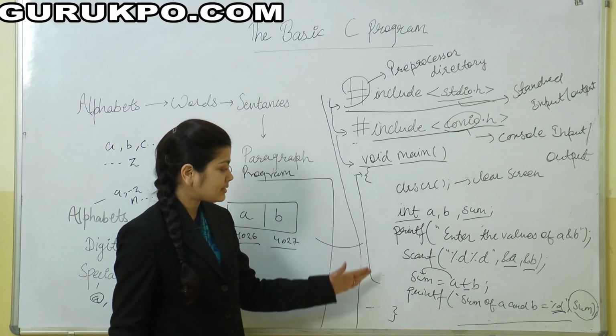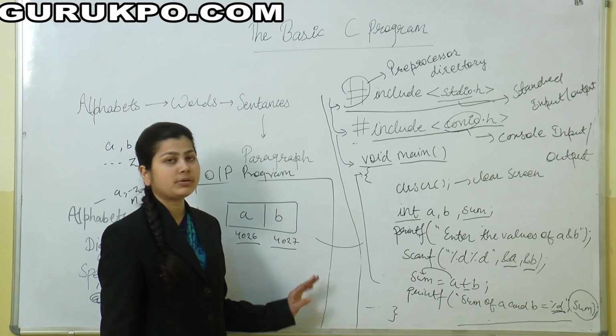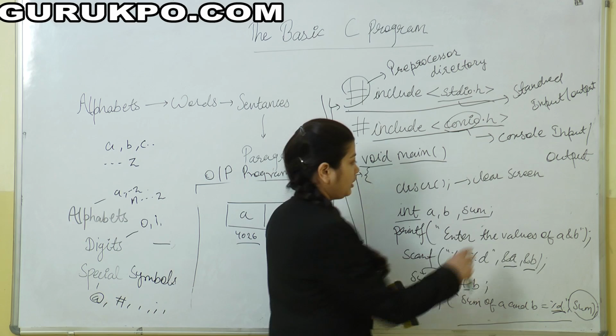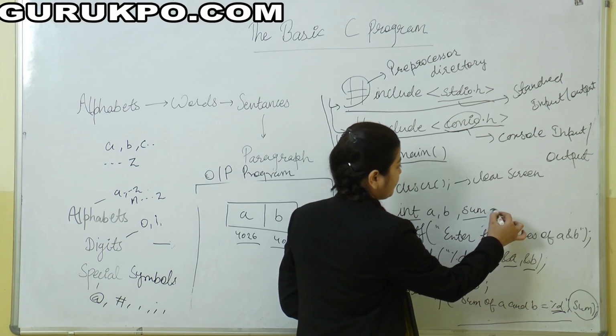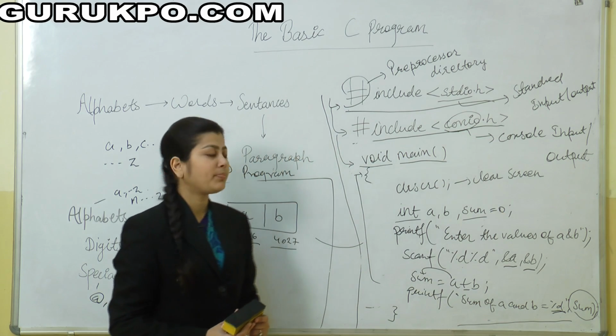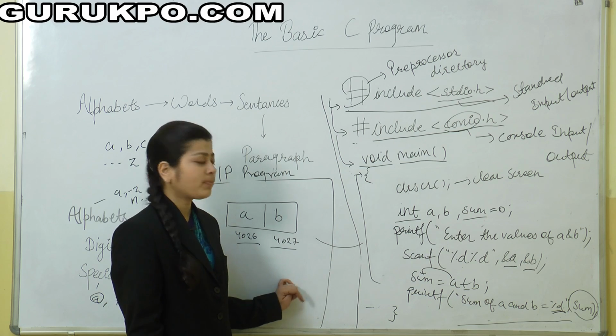So this is the basic simple C program to display the sum of two variables, in which we use two variables a and b and another variable sum. If we want, we can initialize the sum equal to 0, because in the starting the sum is 0.